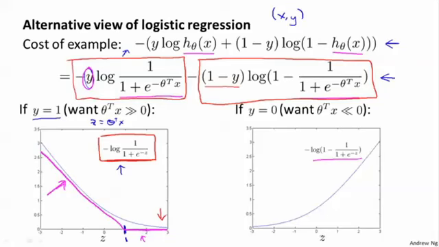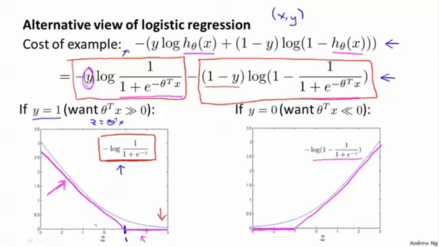And if you plot that as a function of z, with z on the horizontal axis, you end up with this curve. And for the support vector machine, once again, we're going to replace this blue line with something similar: this flat 0 out here, and then it grows as a straight line, like so.